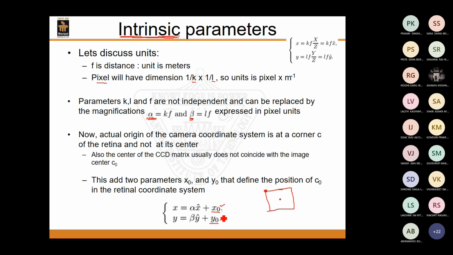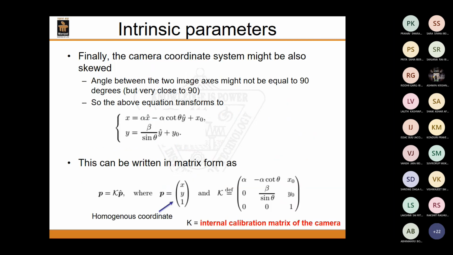So here this x naught and y naught are basically the offsets that you give in order to move the origin to the center, and these two are another set of intrinsic parameters of the camera model. And another intrinsic parameter you have is theta.